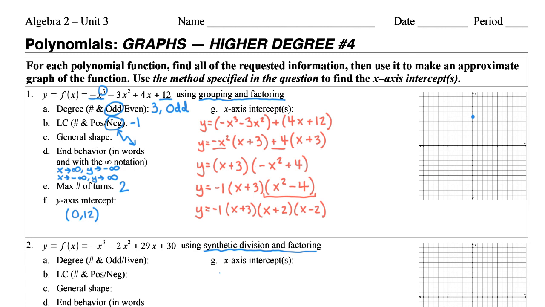And there we go. If we think about our zeros, we've got x equals -3, x equals -2, and x equals +2. We could throw those on here, let's say -3, -2, and +2. We also know that from this point, we're going to be going down.